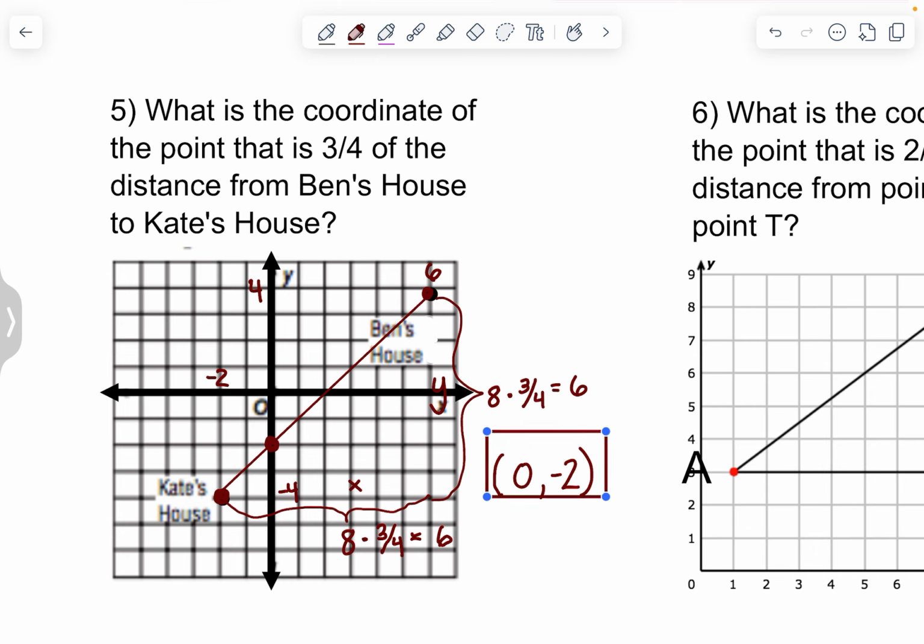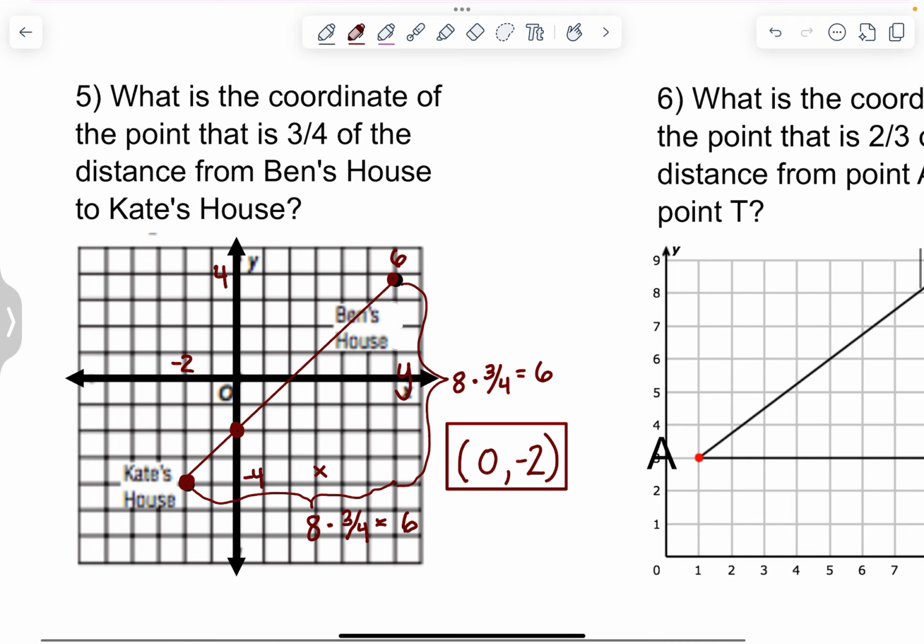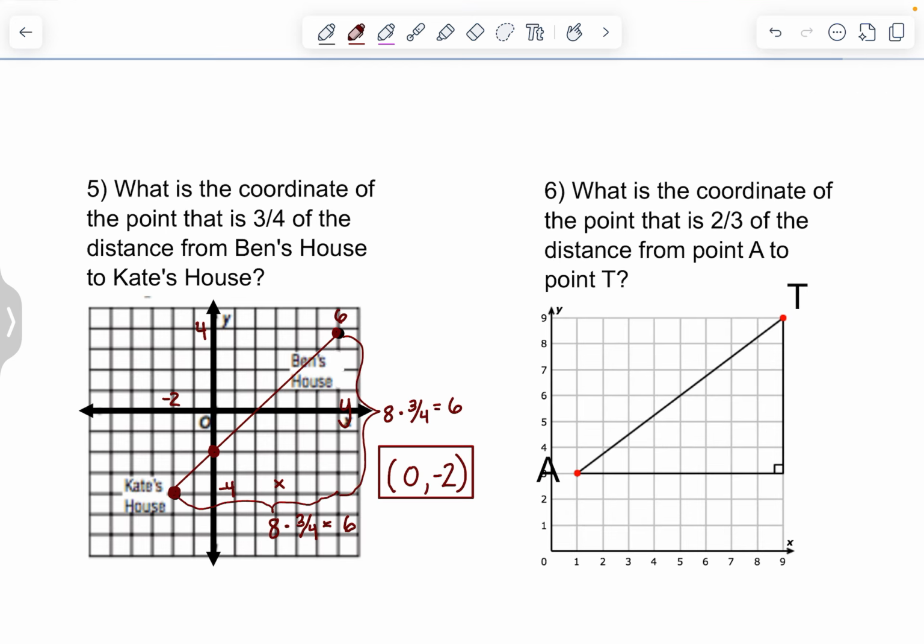So we just have 3 more problems that we're going to do together before you get to try this out on your own and practice. So let's try out this next one. This next one, they drew a triangle for us, which is so helpful, and you'll see why. What is the coordinate of the point that is 2/3 of the distance from A to T?